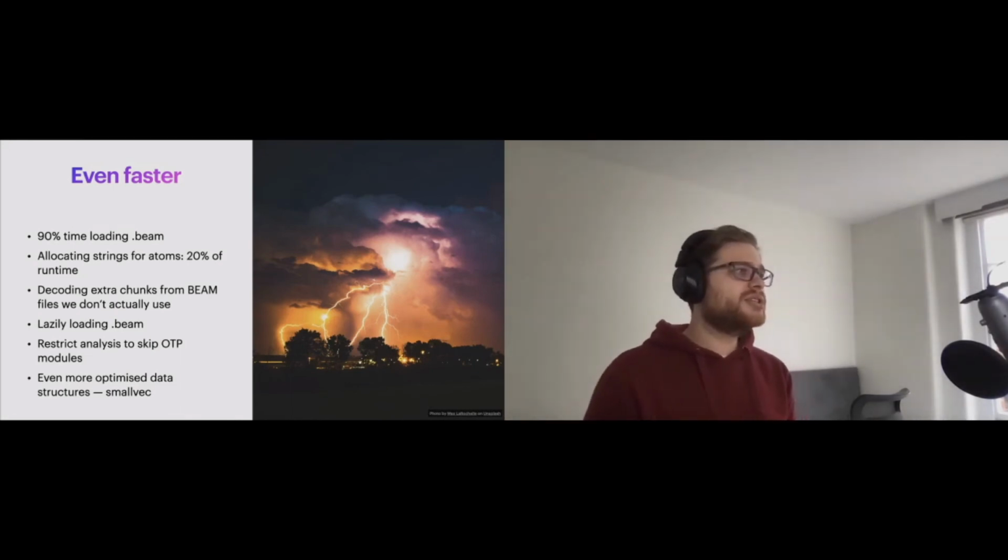If we wanted, we could also go for lazily loading the Beam files rather than loading everything up front for the analysis and then running the analysis. We could only be loading the files that we need to analyze.